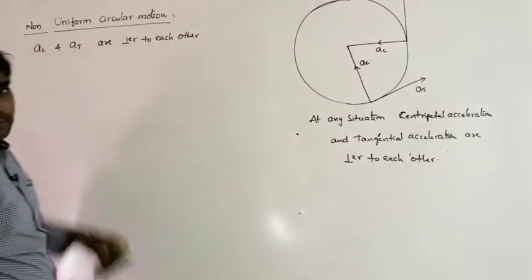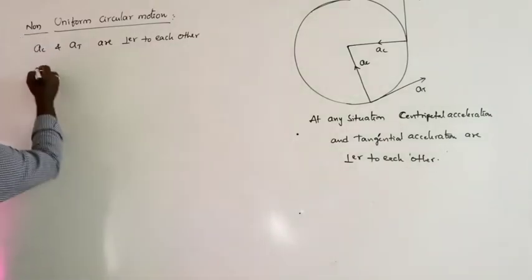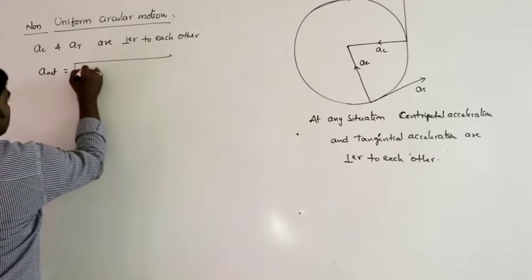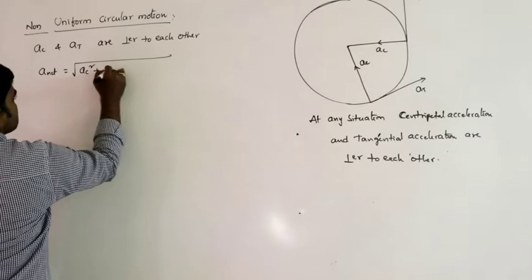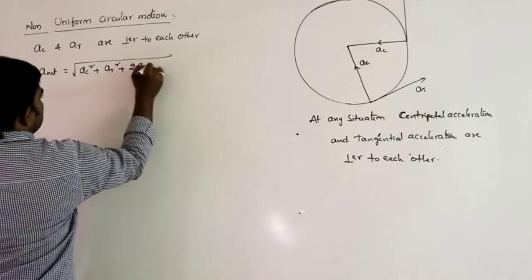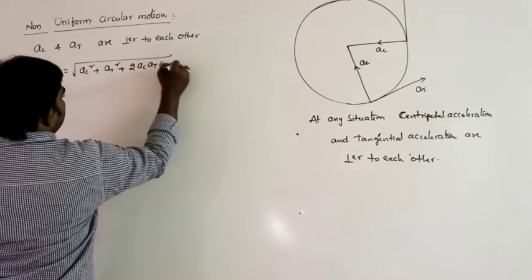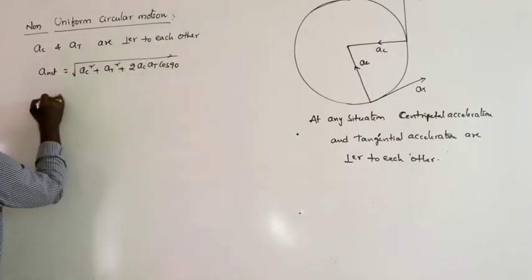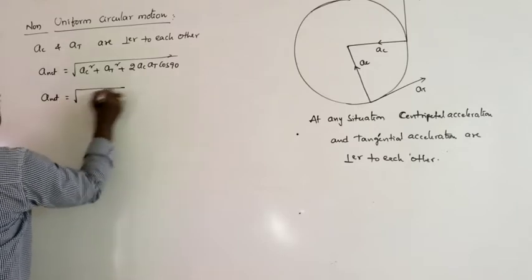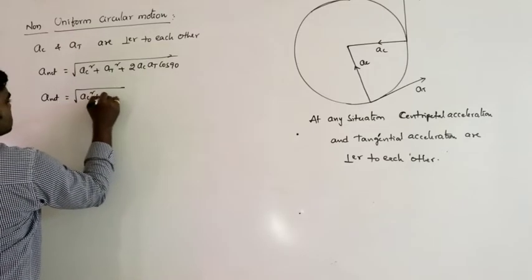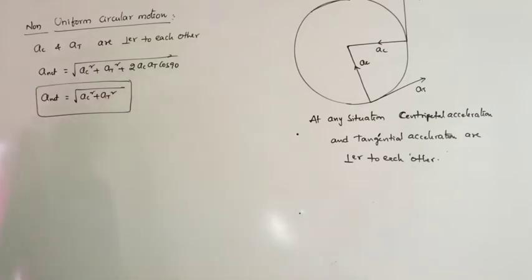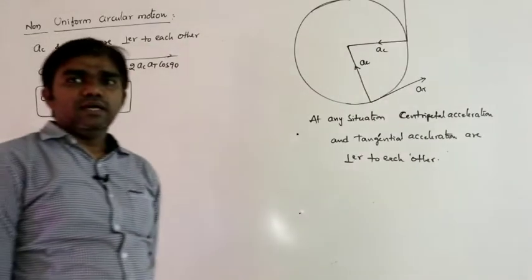According to the parallelogram law, the net acceleration is the square root of AC square plus AT square plus 2 AC AT cos 90, and since cos 90 is 0, that term becomes 0. Therefore, net acceleration is the square root of AC square plus AT square.